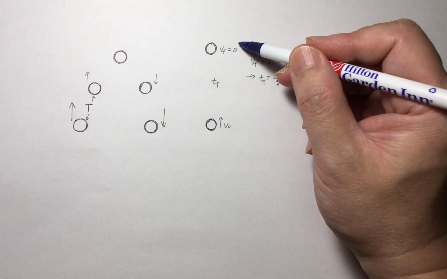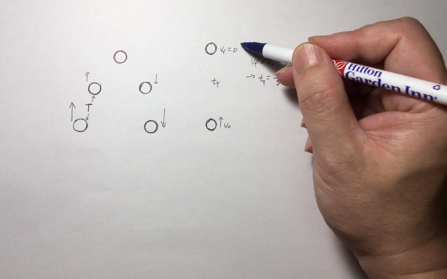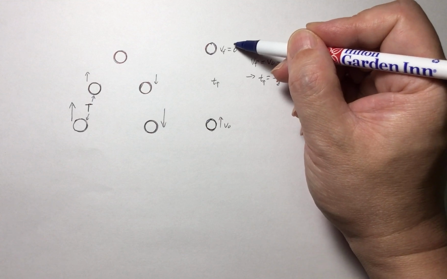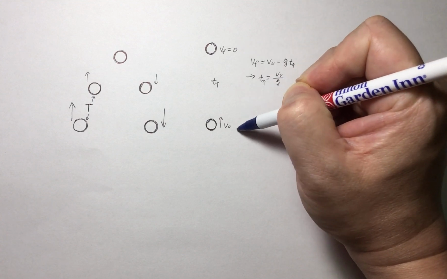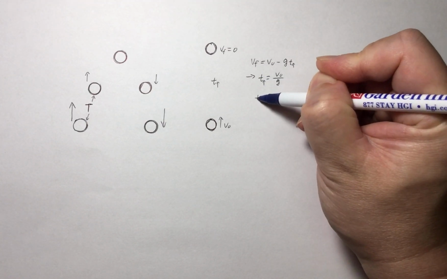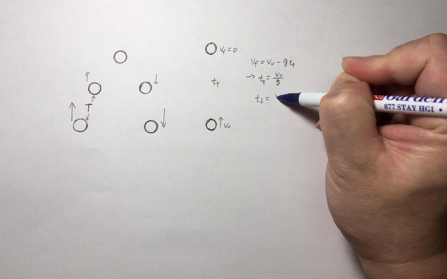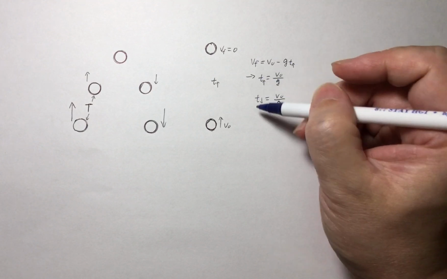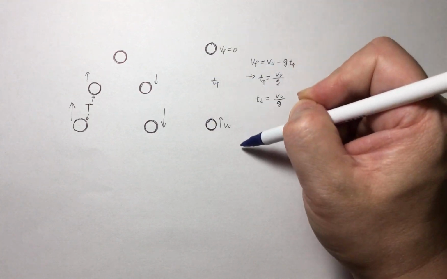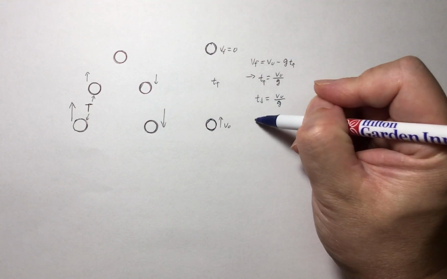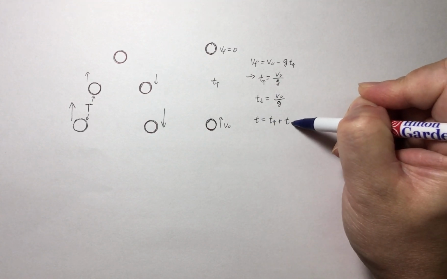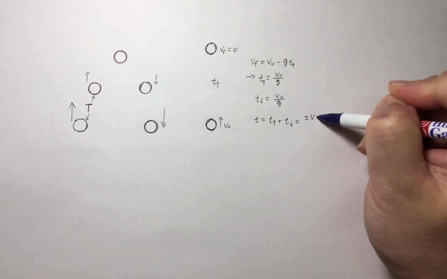The time for the ball to go from the highest point to the initial position, t down, is also V0 over G. So the total time to finish one toss will be t equal to t up plus t down, which is 2V0 over G.